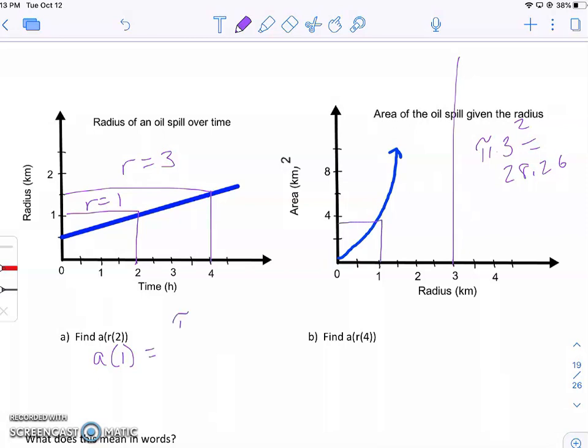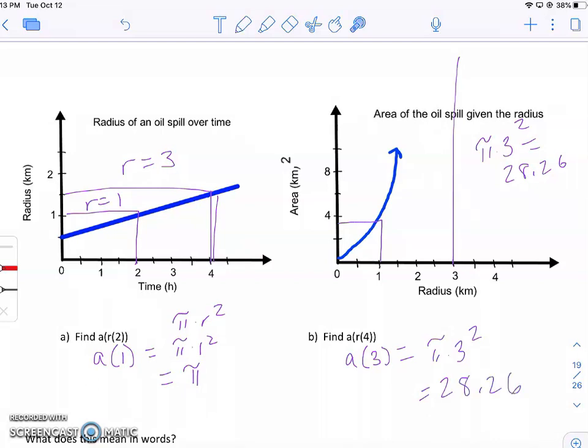We know it's pi times r squared, so it's pi times 1 squared, so it's pi. The radius at 4 was 3, so this is our area with a radius of 3, that's pi times 3 squared, which we said was 28.26.